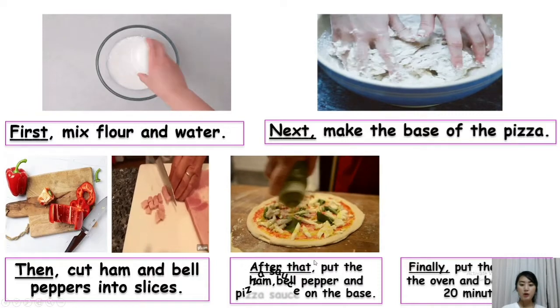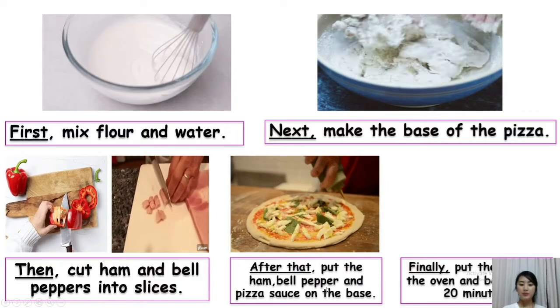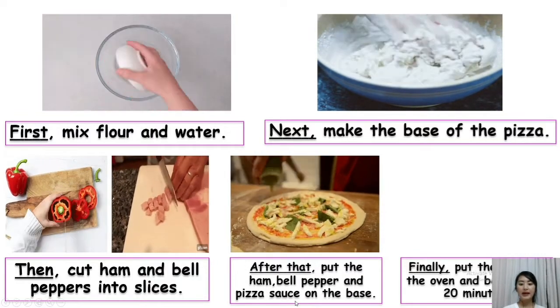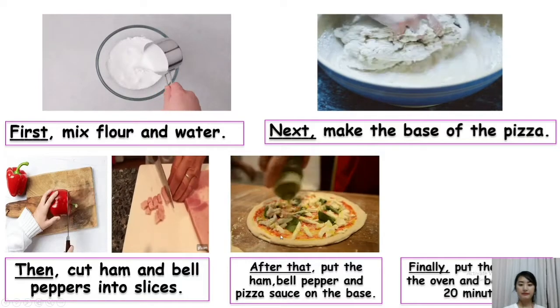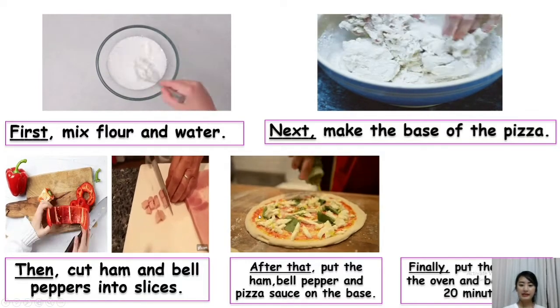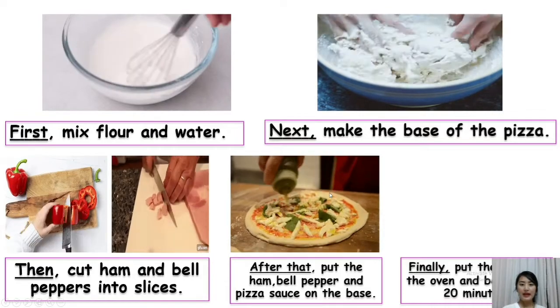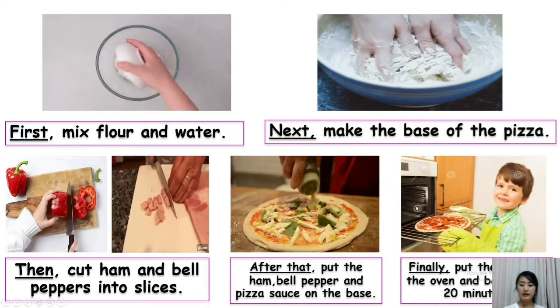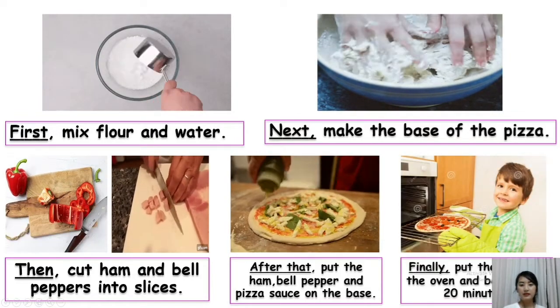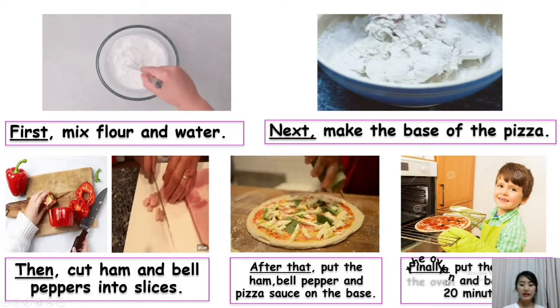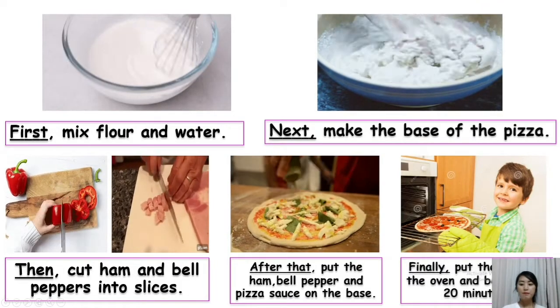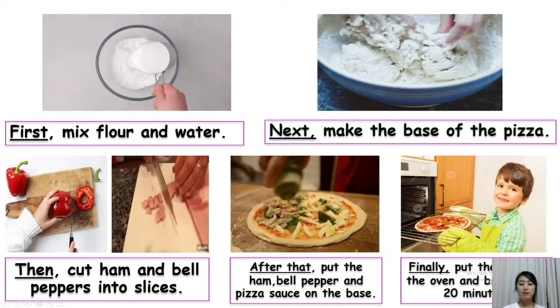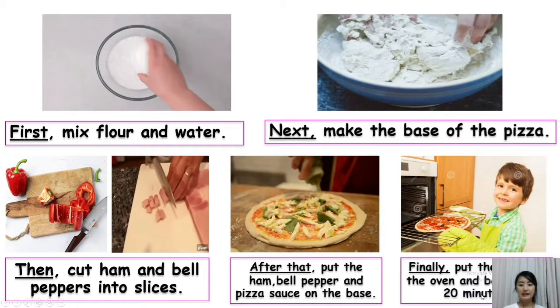After that, put the ham, bell pepper, and pizza sauce on the base. Like this. And lastly, this is the last step. Finally, put the pizza in the oven and bake it for 20 minutes.